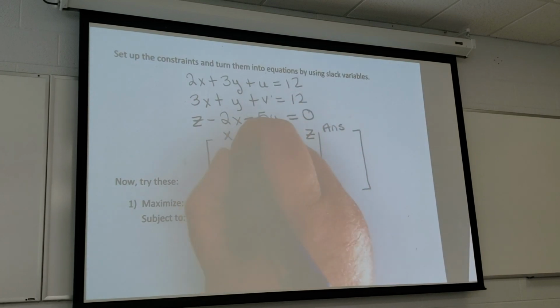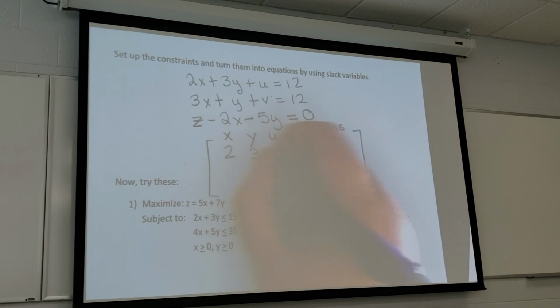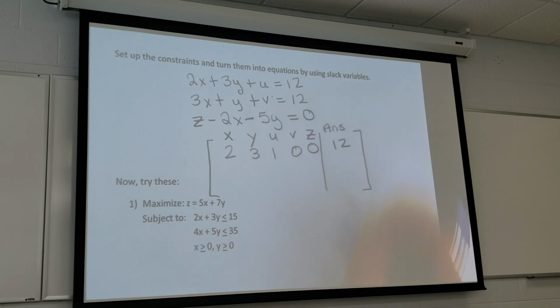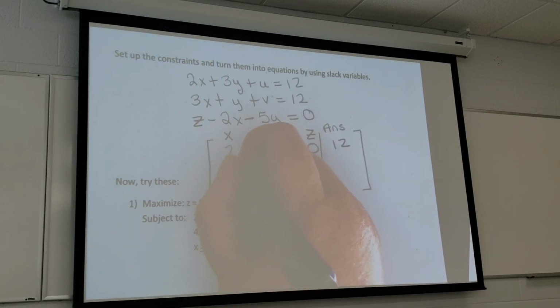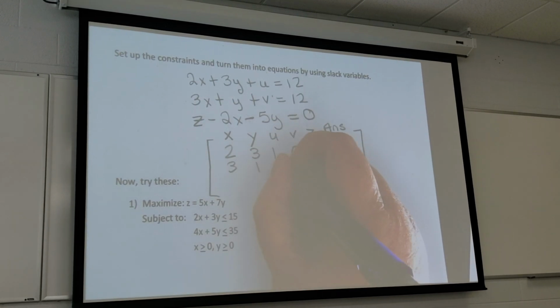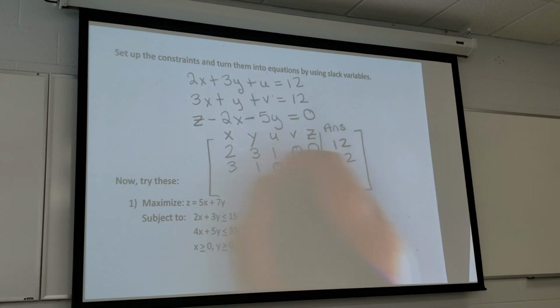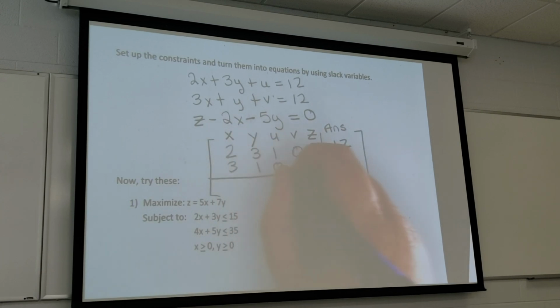So, first equation is 2, 3, 1, 0, 0, 12. Second equation is 3, 1, 0, 1, 0, 12. Put a straight line across.